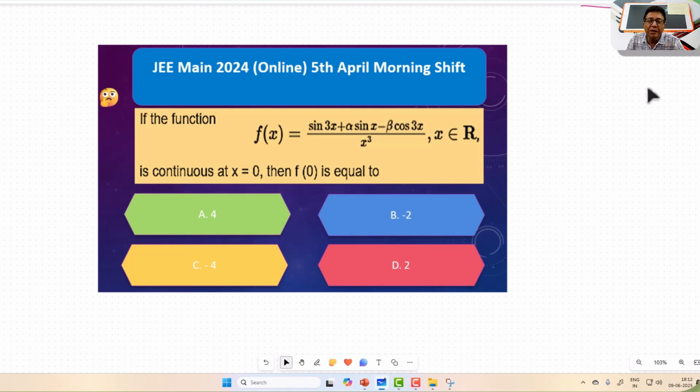So either L'Hopital rule or this one, because here standard limit part is not going to help. This function is continuous at x equal to 0, then the value of f0 you have to find.